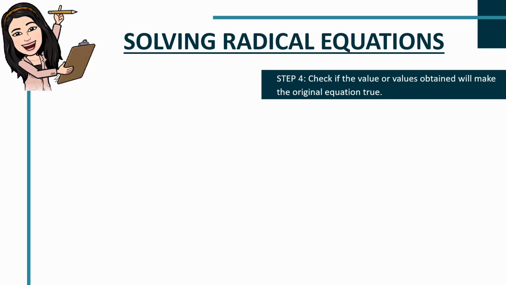Now, for our step 4, check if the value or the values obtained will make the original equation true. Try natin doon sa ating ginawang sa number 3 example natin. To check, our given or original equation is equal to 4 plus square root of x minus 2 is equal to x.